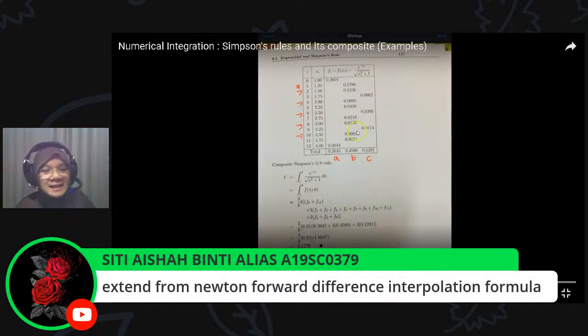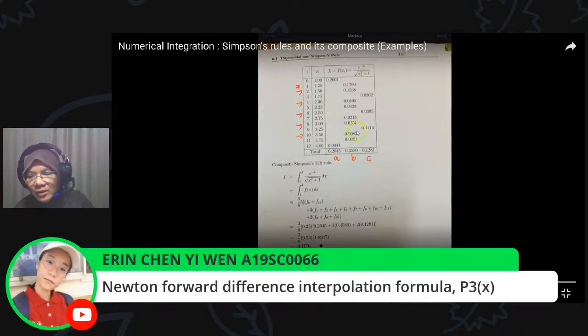Very good, extended from the Newton divided. Yes, we are using a cubic polynomial. So this one is very good. It's a P3, order 3. For Simpson's, it's order 2. But Simpson's 3/8 is order 3.